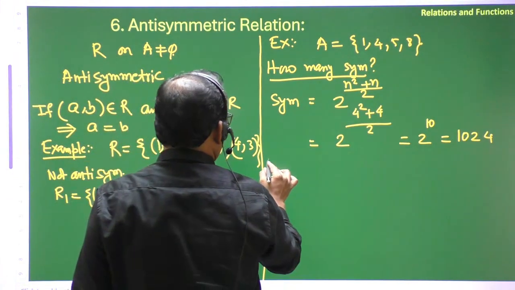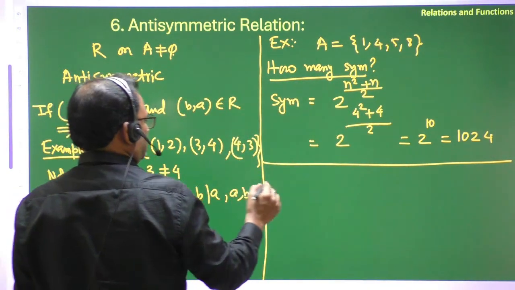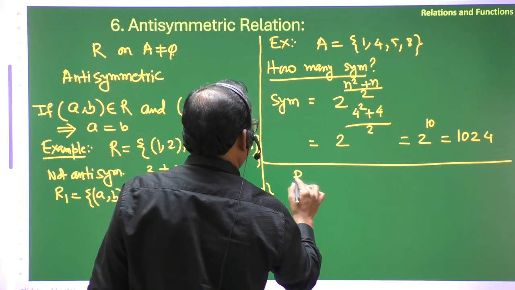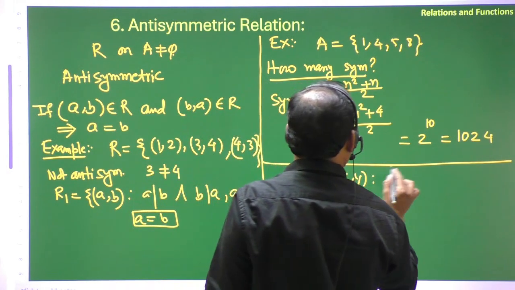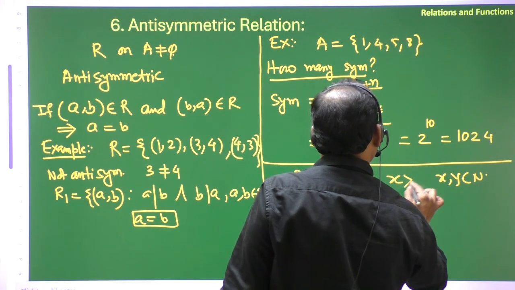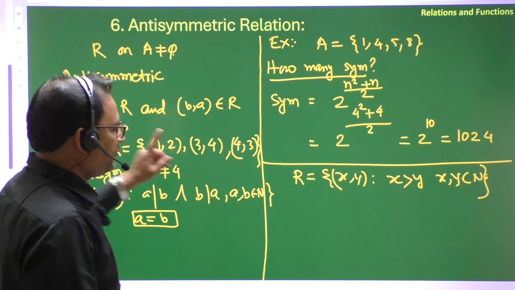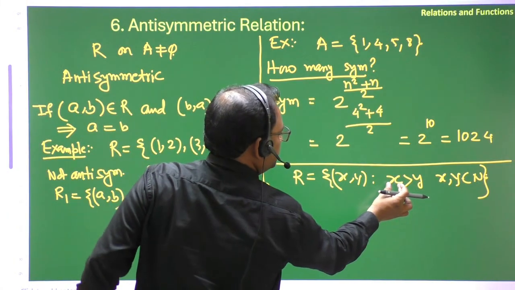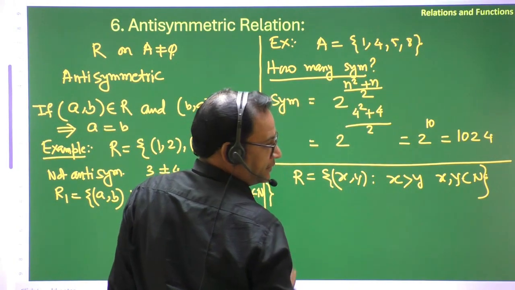So take one example of it. Suppose R is the relation, the set of all (x, y), where I am taking x and y from the set of natural numbers. My condition is x is greater than y. By default, if x is greater than y, this number is bigger than that one, and at the same time y can never be bigger than x.